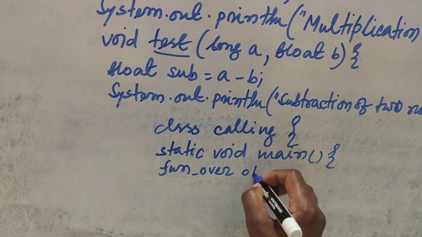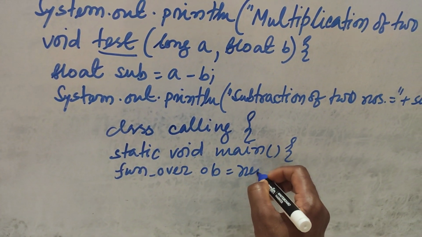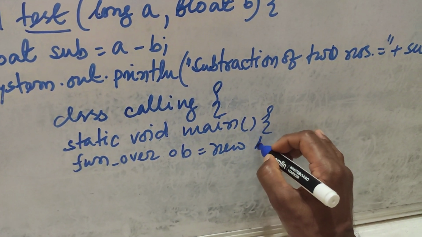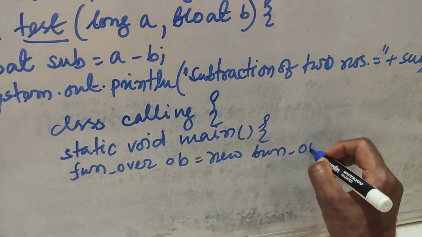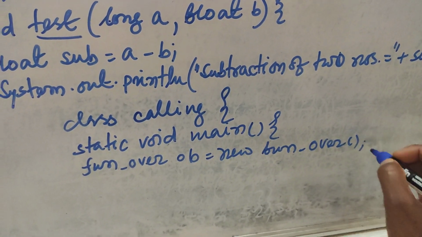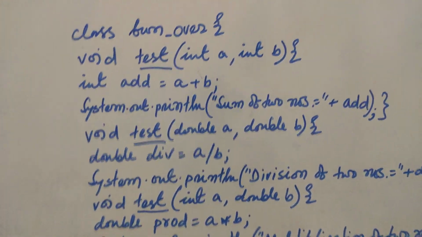Over ob equal to new over, object created.